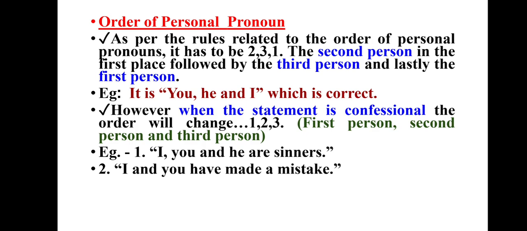But after the verb, the form of the pronoun will change. I becomes me, we becomes us. You is common: you is singular, you is plural, you is subject, you is object. There is no change in the form of you. So you will be the same.